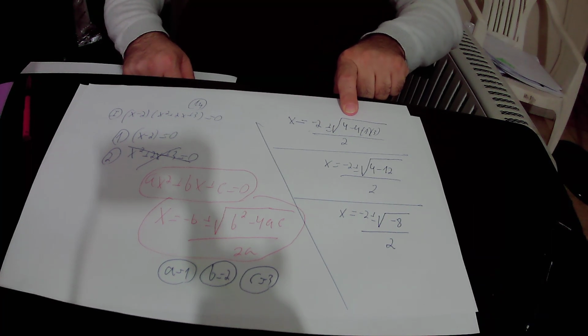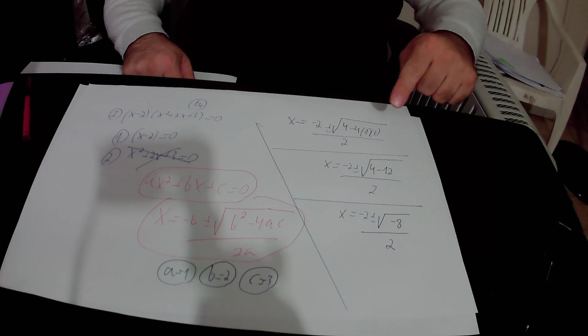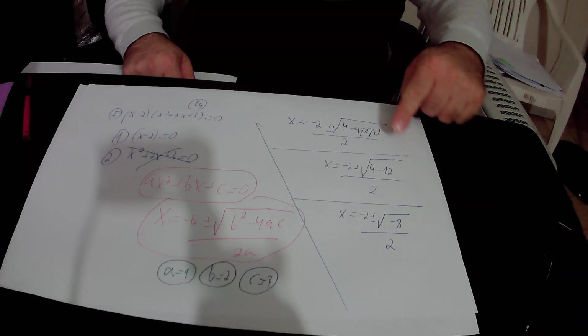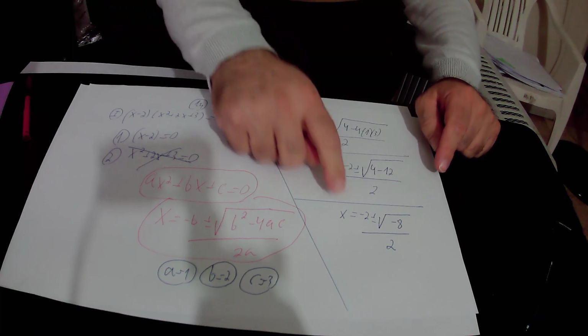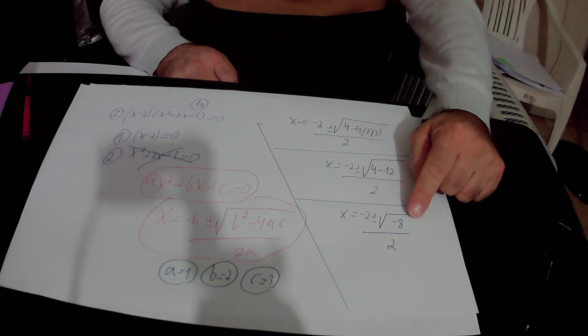B is 2, so b squared is 2 squared, which is 4, minus 4 times a times c. 4 times a is 1, c is 3, so in total 4 times 1 times 3, over 2. So here x equals minus 2 plus minus the square root of 4 minus 4 times 3, which is 12, over 2. So x equals minus 2 plus minus the square root of 4 minus 12, which is minus 8.